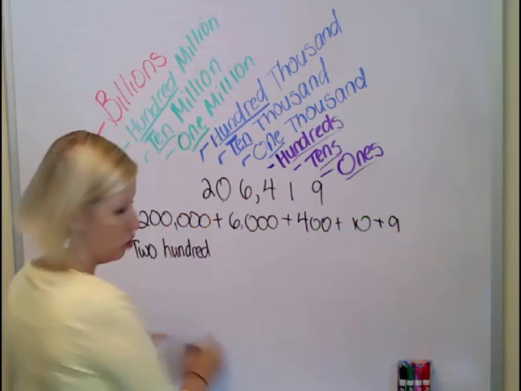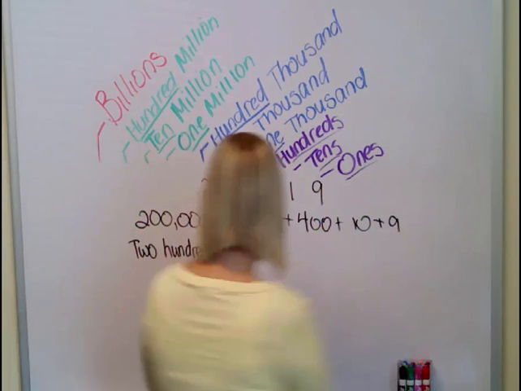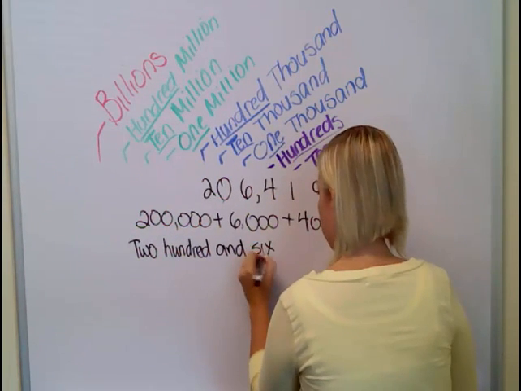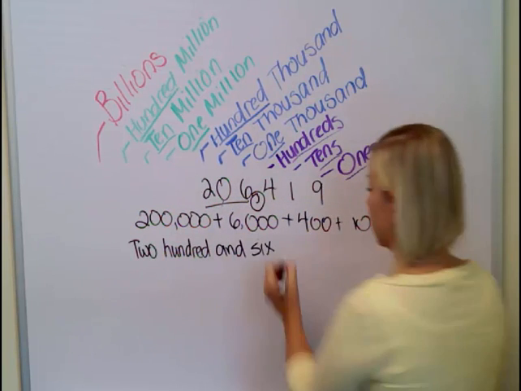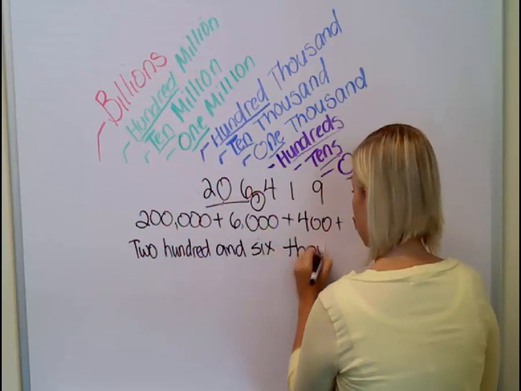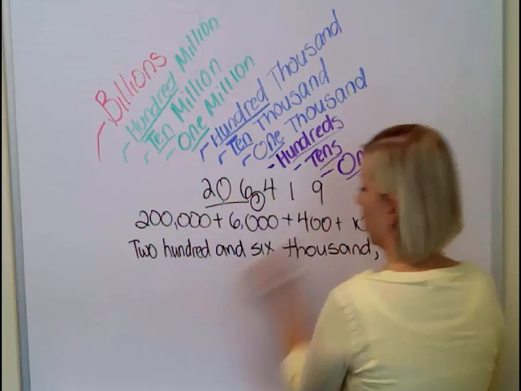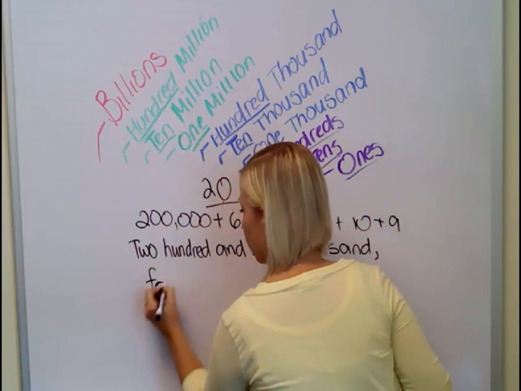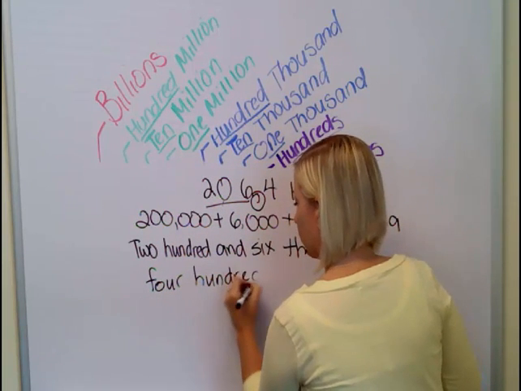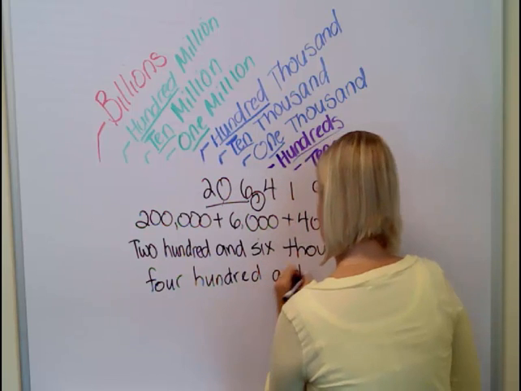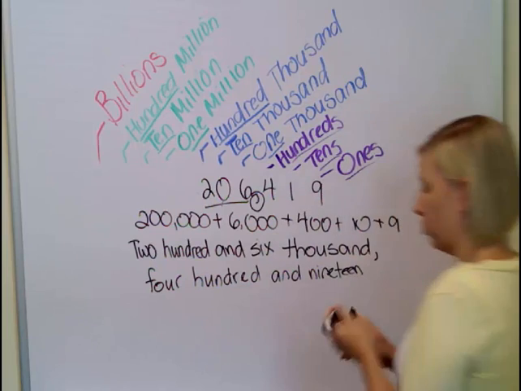Well, let's do 206. 206, now give the name of the comma, 206,000. 419. So here we have word form.